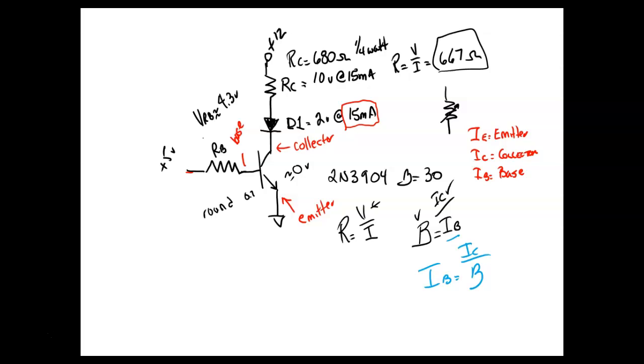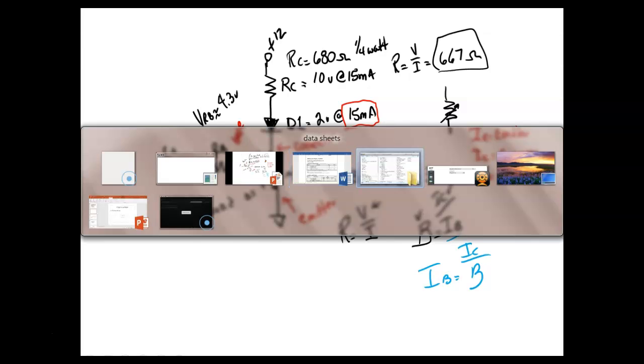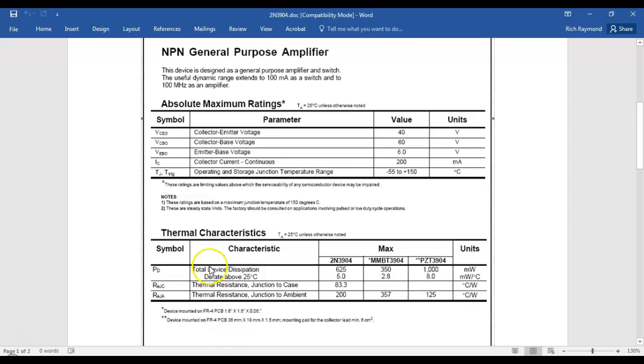We need to have one that's got a beta of at least 30, so we're looking at minimum beta for saturated switches. We're also checking the emitter-to-base breakover voltage. If you ever reverse bias the base, this is very, very low.